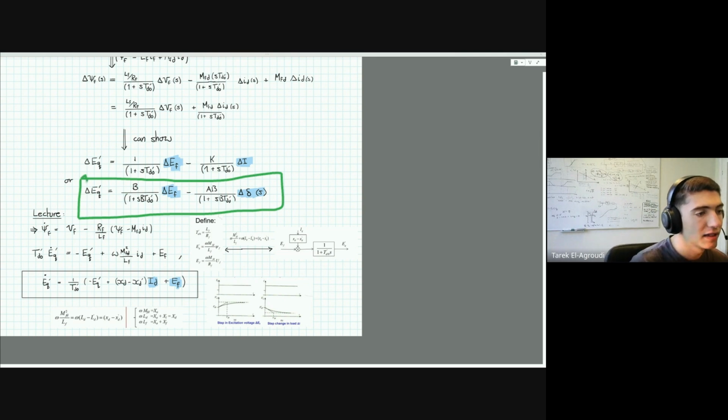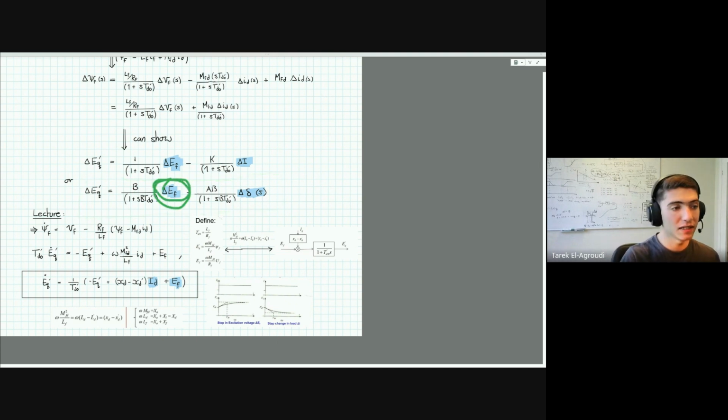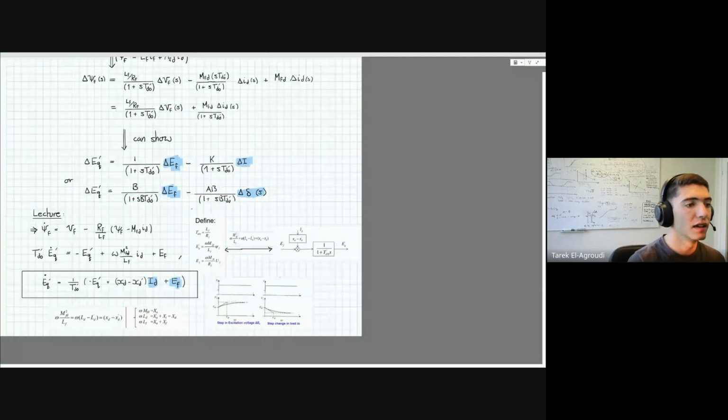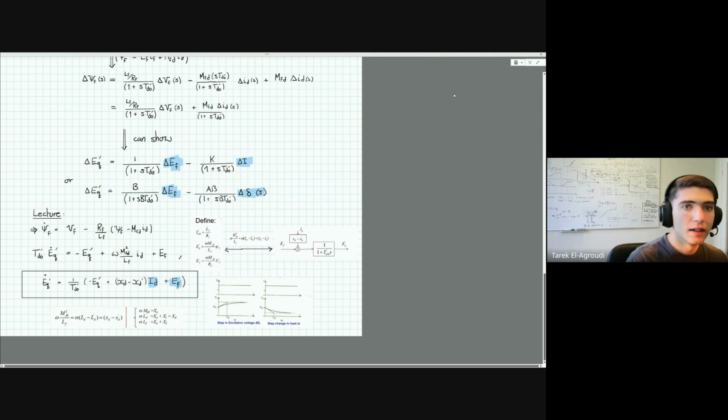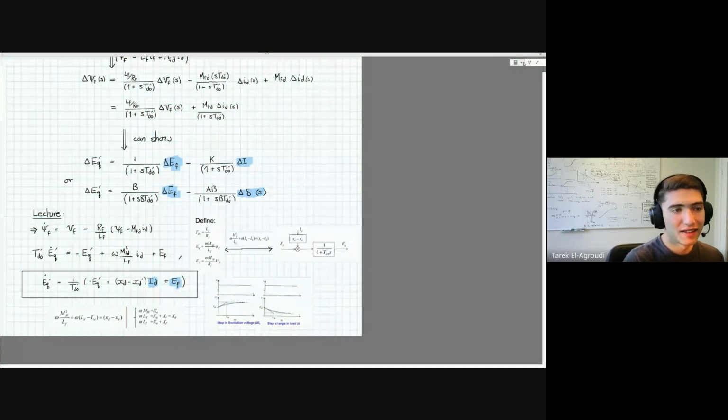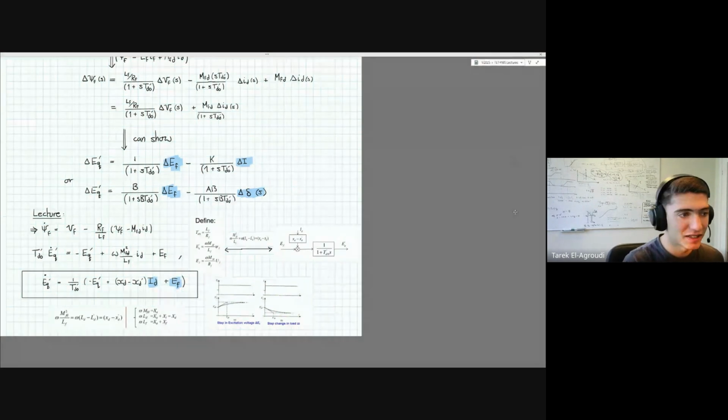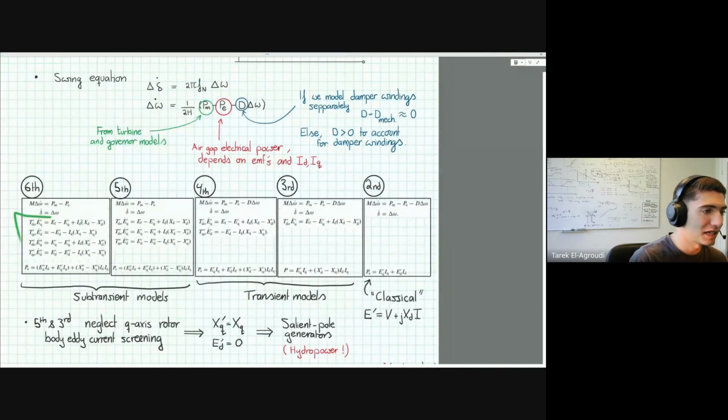And you can see that the dynamics of the transient EMF depend on the field excitation, so on the excitation current in the field. And this EF is just the steady-state EQ. And they also depend on the rotor angle. So that's a very hand-wavy explanation of where these differential equations come from.